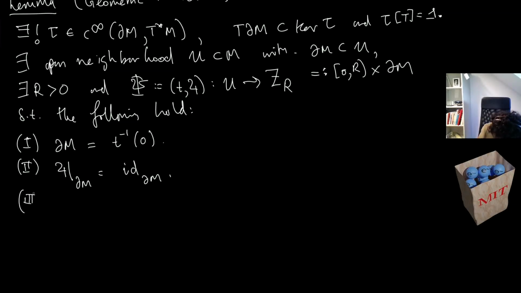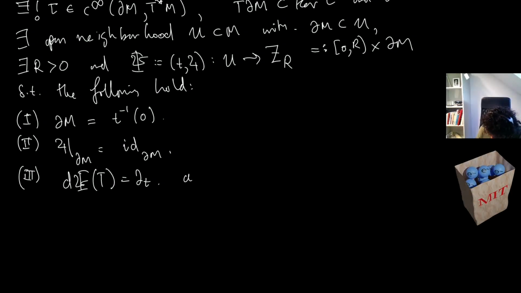The third point is that the differential of this map acting on T is equal to dt along the boundary.